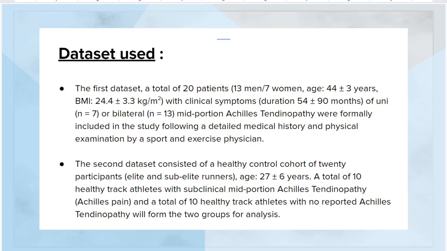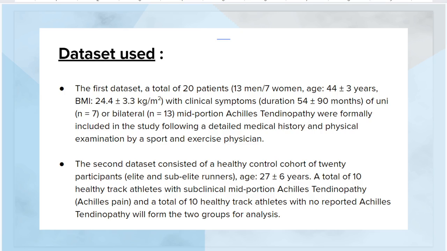The dataset used in this work is as follows. The first dataset is of total of 20 patients consisting of 13 men and 7 women of age 44 plus minus 3 years and BMI 24.4 plus or minus 3.3 kg per meter square with clinical symptoms of uni or bilateral mid-portion Achilles tendinopathy were formally included in the study, following a detailed medical history and physical examination by a sport and exercise physician.